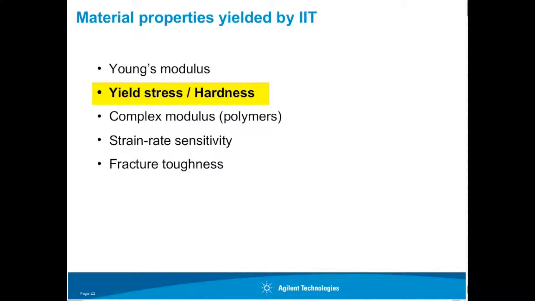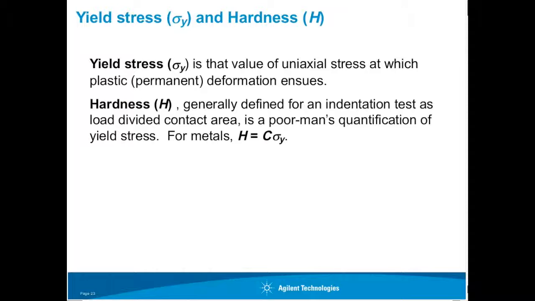Okay, the second property I'd like to discuss today, these other three are all going to have to wait for later sessions. The second property I'd like to discuss is yield stress and its poor man's alternative, which is hardness. Yield stress is that value of uniaxial stress at which plastic or permanent deformation ensues.